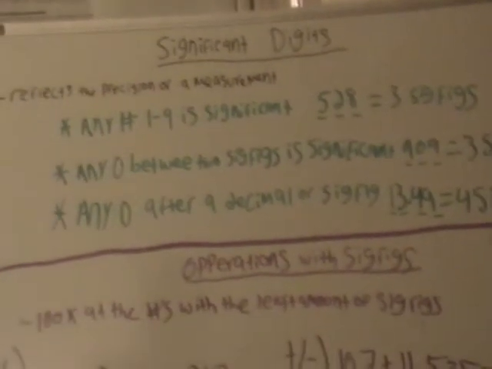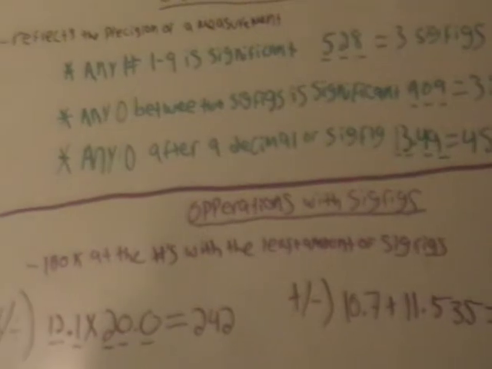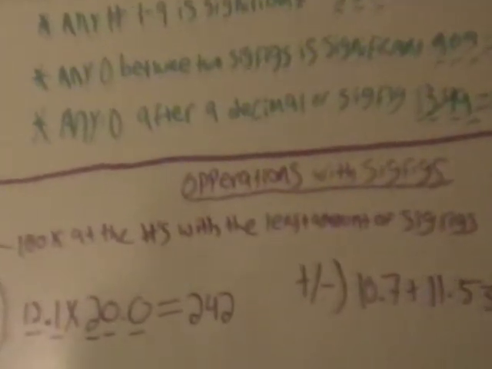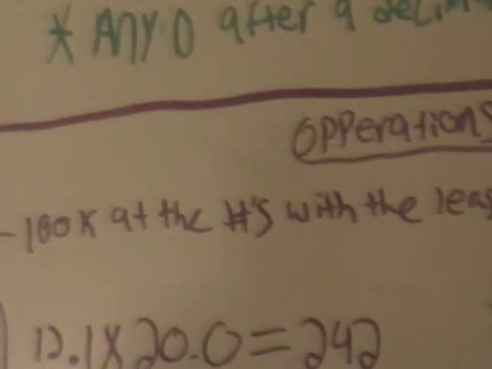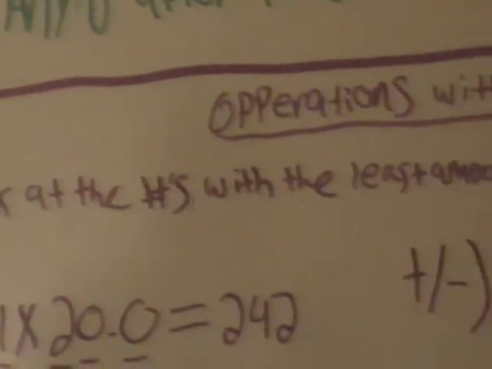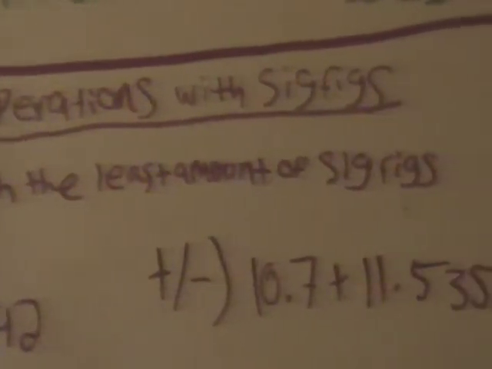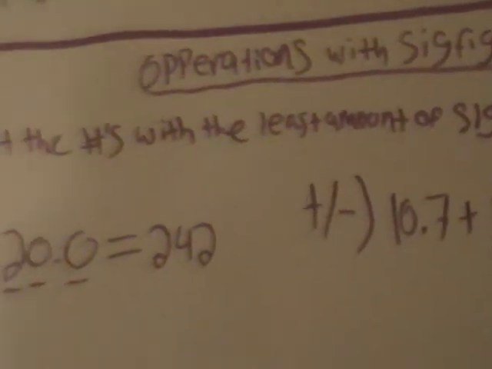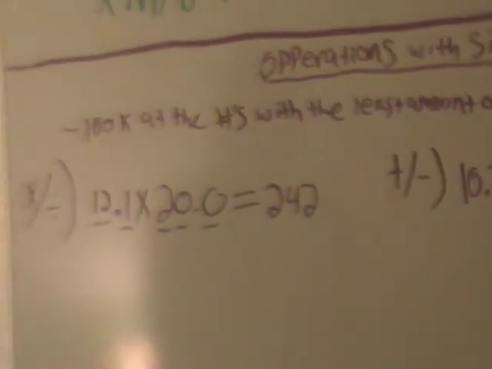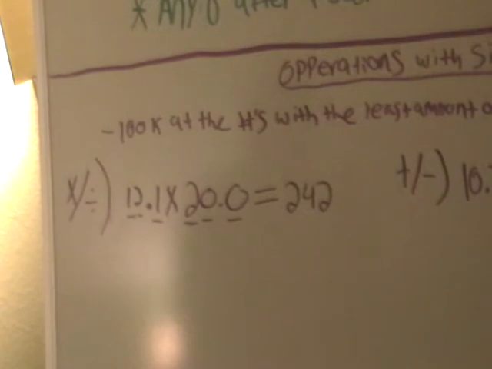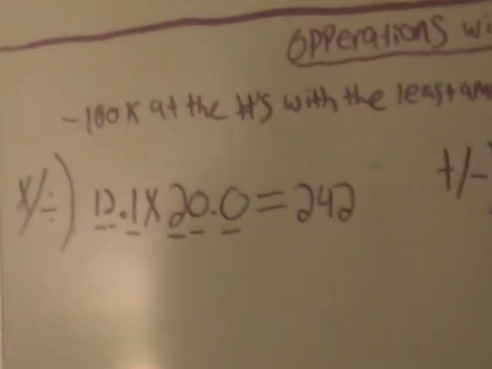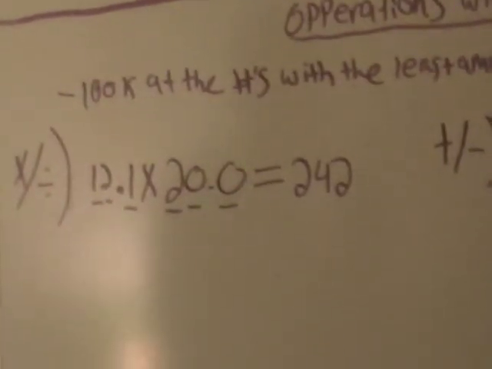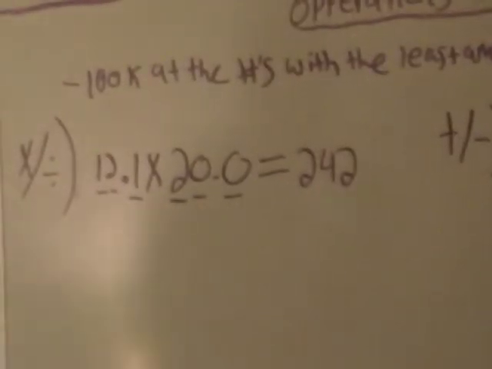Now when we actually do operations with sig figs, this is what we do. We look at the number with the least amount of significant digits. The first operations we'll cover will be multiplication and division. In this case we have 12.1 times 20.0.